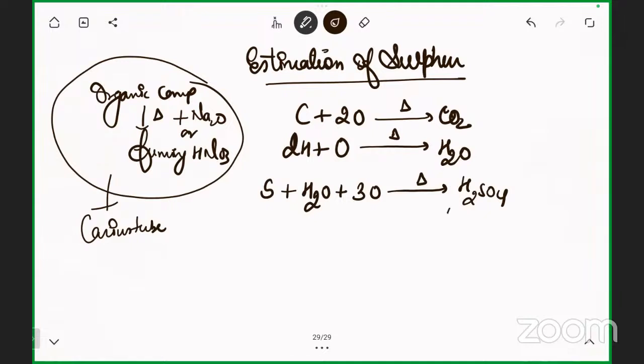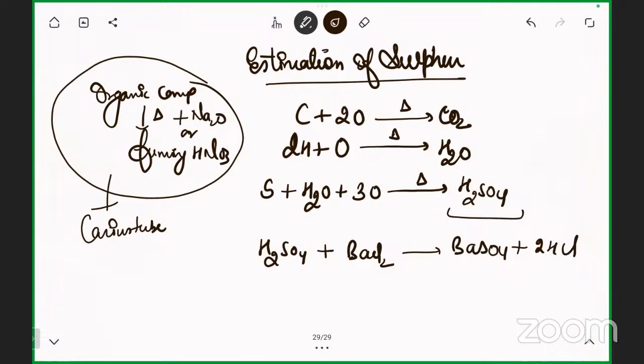And now you'll take the sulfuric acid. The sulfuric acid is treated with barium chloride, BaCl2. It will form BaSO4 plus 2HCl. Now you'll see the BaSO4 is a white ppt.